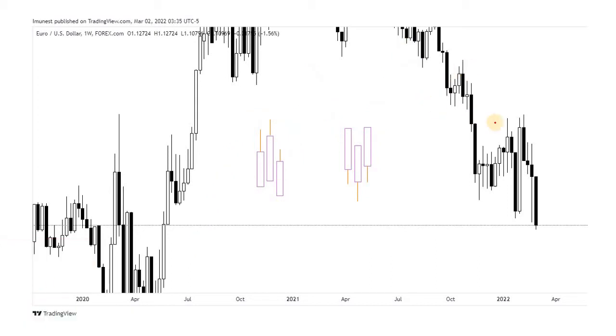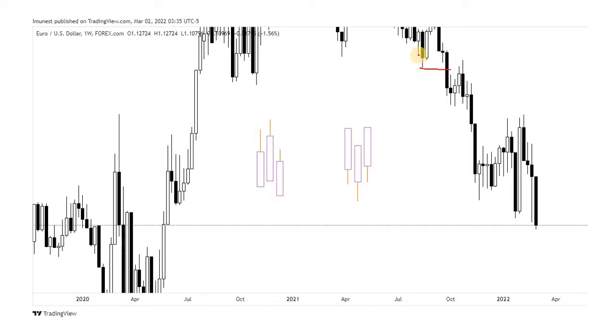So for instance, you can notice that this is actually a swing low. We have a swing low here, and let's say that the swing low is broken. Sorry, let me have a better diagram. We say the swing low is broken here.